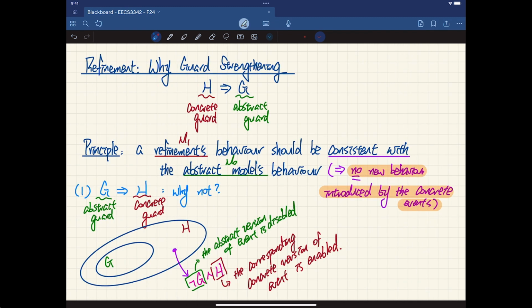It's a very important kind of intuition to get, right? It will take some time. So the way to visualize this would be, think about, we got some abstract states over here, and we have some concrete states.